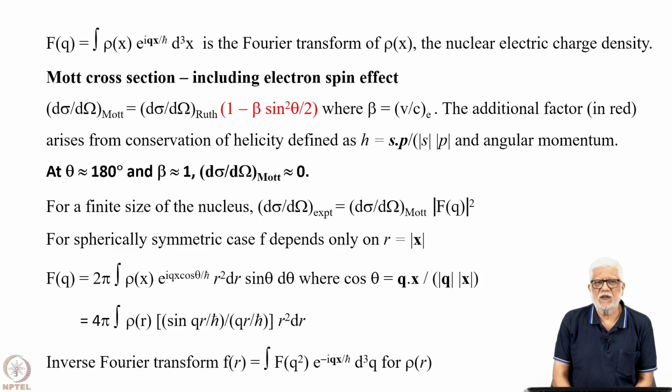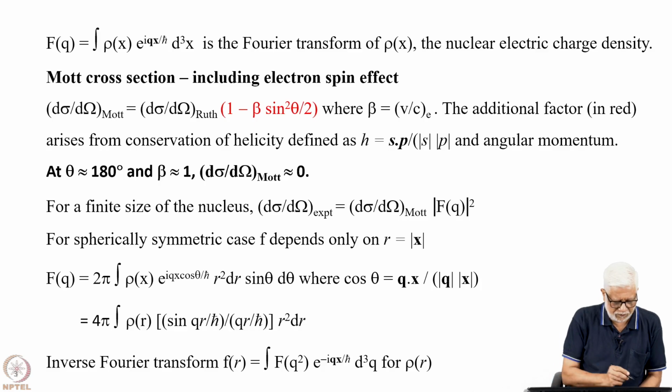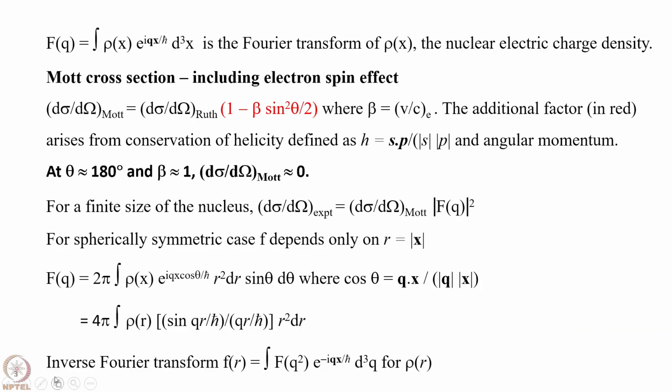This additional factor comes about from the conservation of helicity, where helicity is defined as the spin vector dotted with the momentum, divided by the magnitude of these. There is a typo there, there should be a bracket beyond P as well, so let me just add it here.